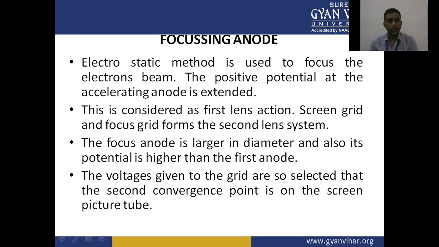The focus anode is larger in diameter, and its potential is higher than the first anode. The voltages given to the grids are so selected that the second convergence point is on the screen of the picture tube.